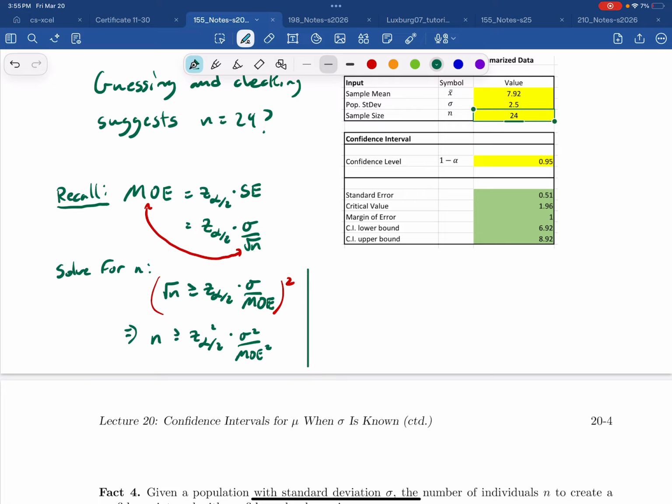So for this problem, we would say for a desired margin of error equal to 1, n is greater than or equal to. Now, we need our critical value.